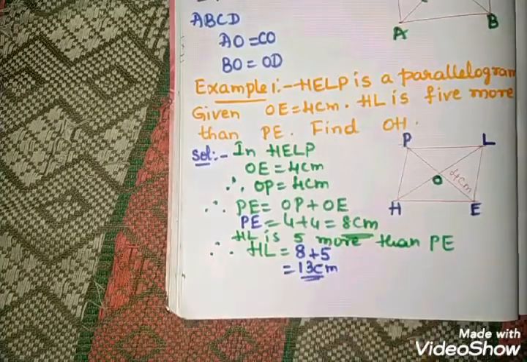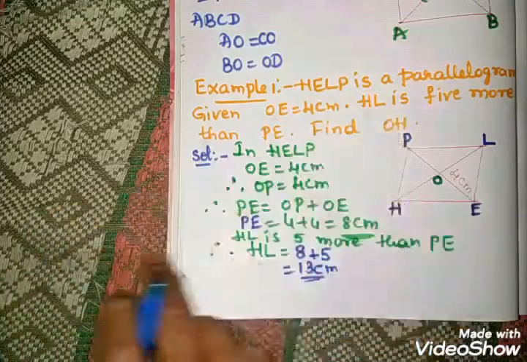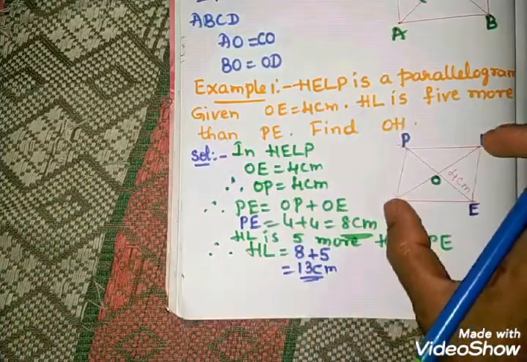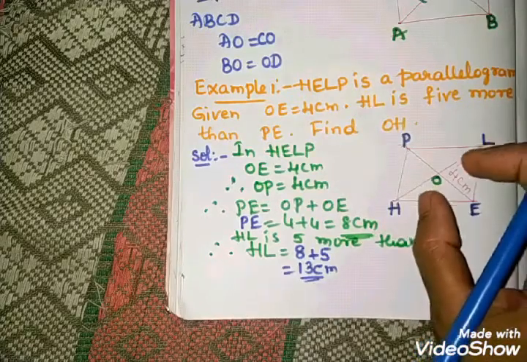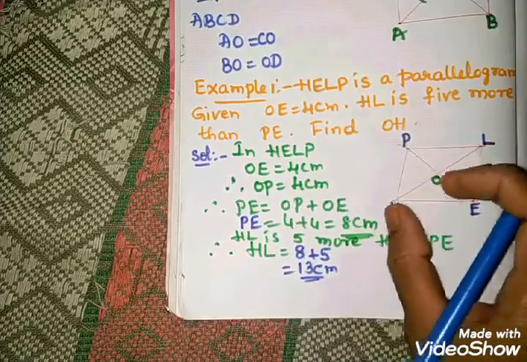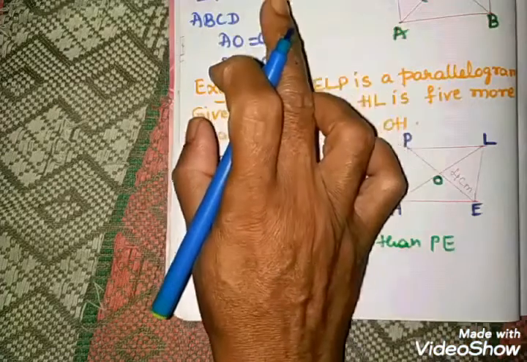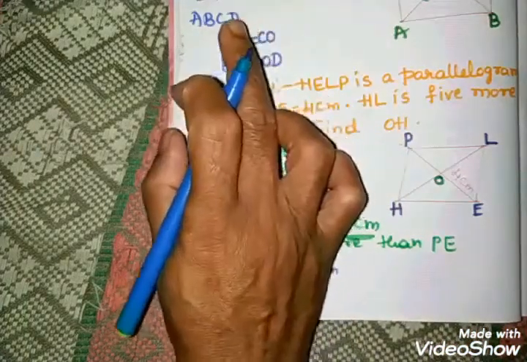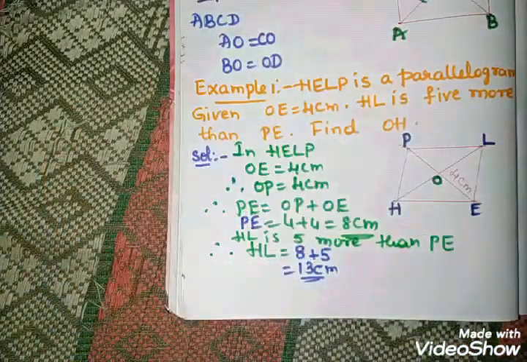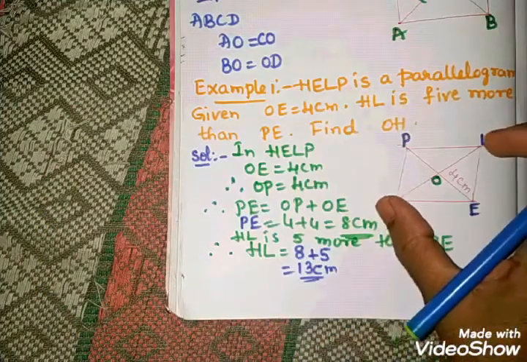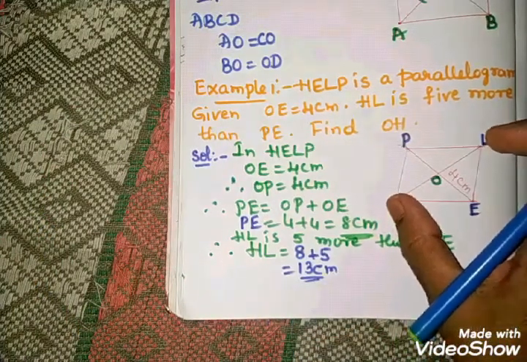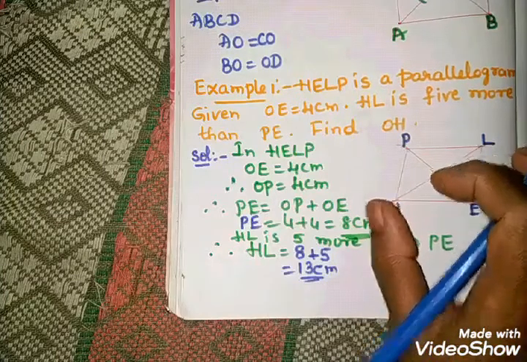So, this is HL. But we have to find out OH, children. HL full length is known, but we want to know OH. So, half of that, right? According to the property of a parallelogram, diagonals of a parallelogram bisect each other. This full length is given 13 centimeters. So we need to find out OH.